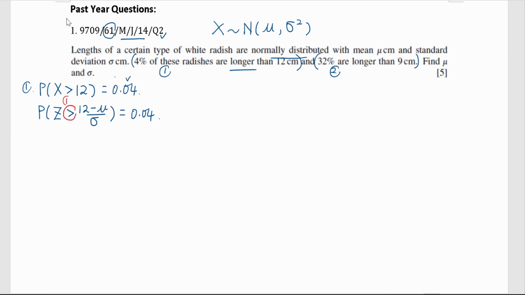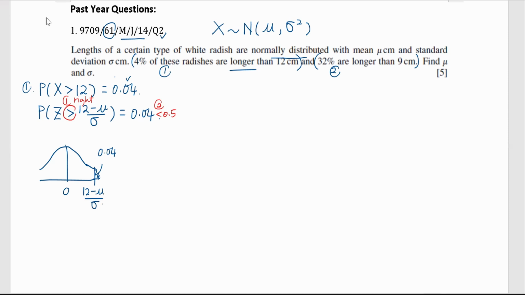One, greater than, towards the right. Second, less than 0.5. So when I sketch the bell-shaped curve, I will have an area towards the right-hand side, a very small area, which gives you 0.04. So the z-score should be here.